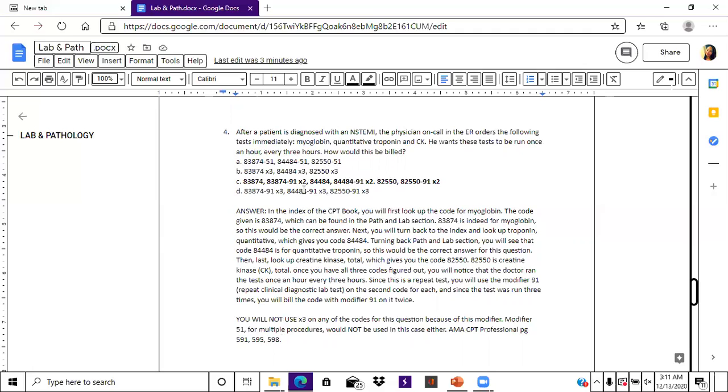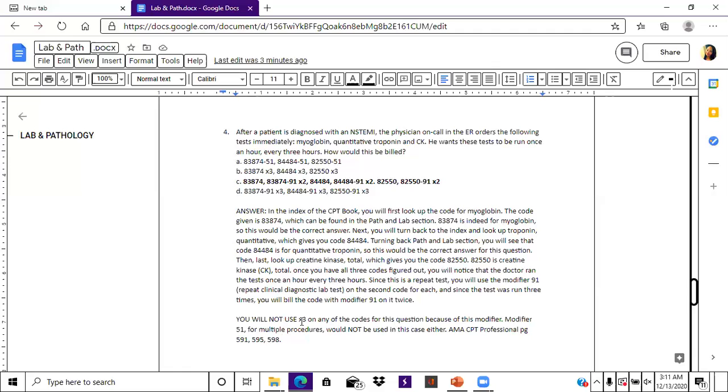That means they ran this test 2 times, and the one alone means the additional time, which makes it 3. You see here I have 84484, then I have it again with the modifier 91, showing that it's a repeat because it's every 3 hours. And this is going to be twice, twice plus 1, 3. And the same for the last code.